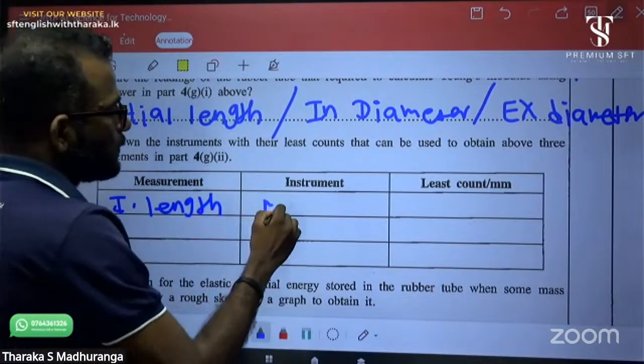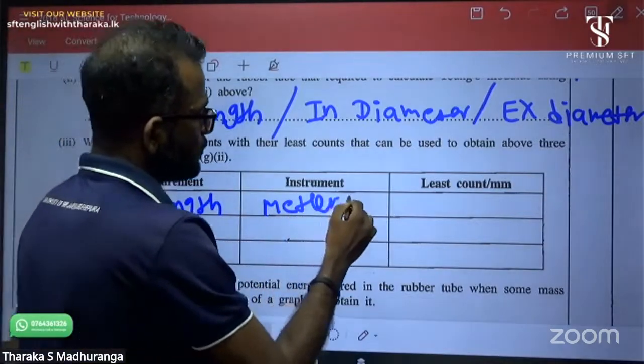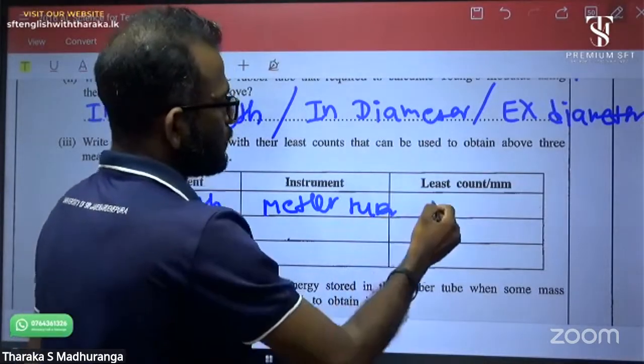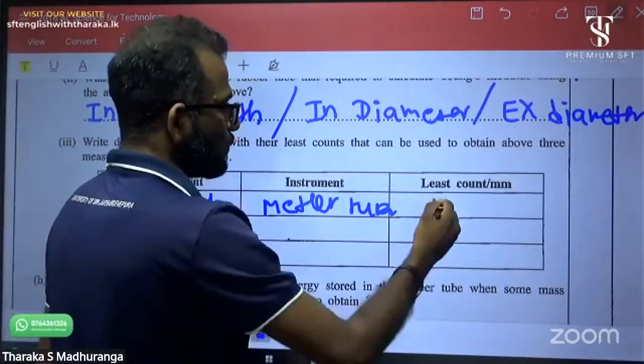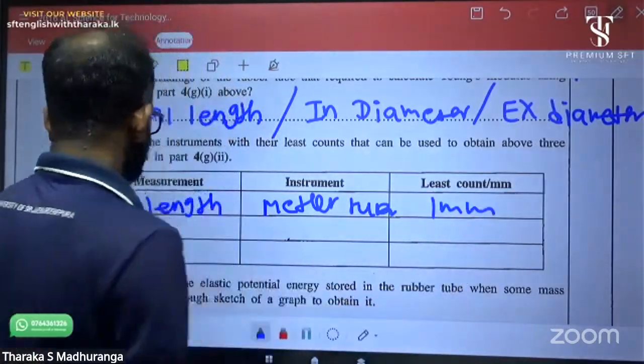We can measure the initial length with a meter ruler. The least count is 1 millimeter. It's very simple.